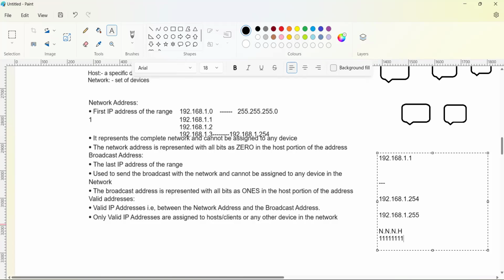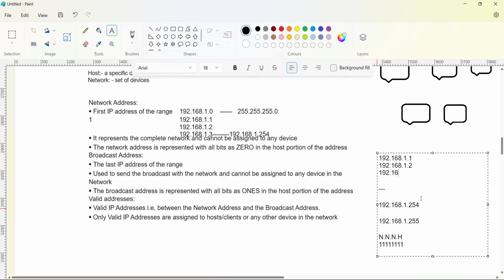They're all about host and valid IP addresses. In between, whichever IP addresses are there, those are the valid IP addresses: 192.168.1.2, 192.168.1.3. These are all valid IP addresses up to 254. So in class C, we have 254 valid IP addresses.